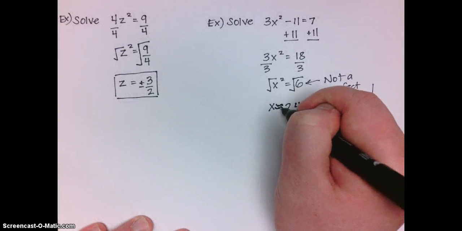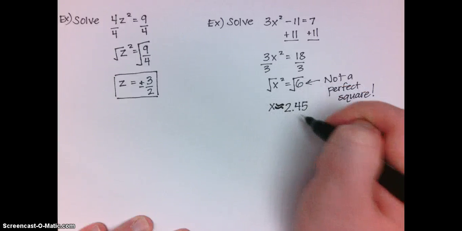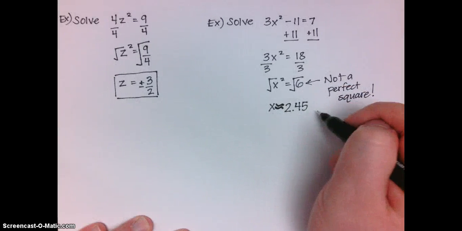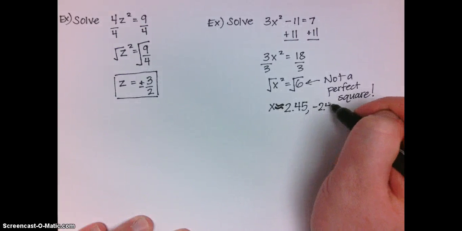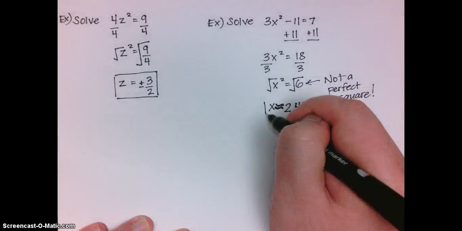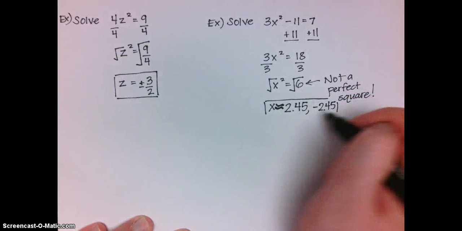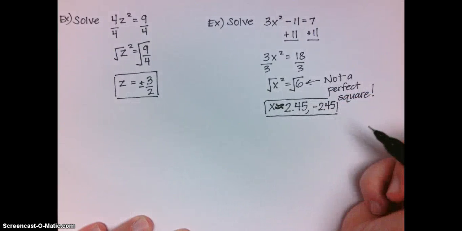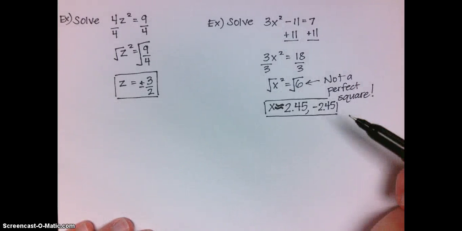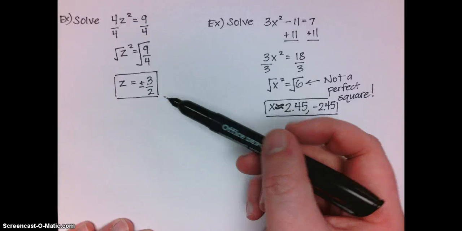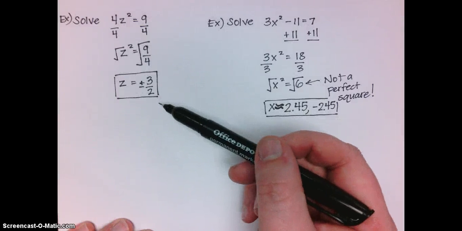It's going to be just about 2.45. And it can be 2.45 or it could be negative 2.45. Right? It could be the plus or the minus version. In this case, I'm just going to write them out both for you. So this is one instance where you're going to be able to use a calculator. The other times you can easily solve the problems mentally.